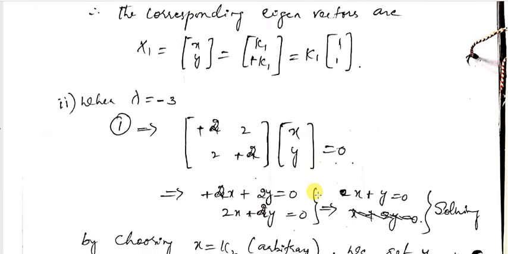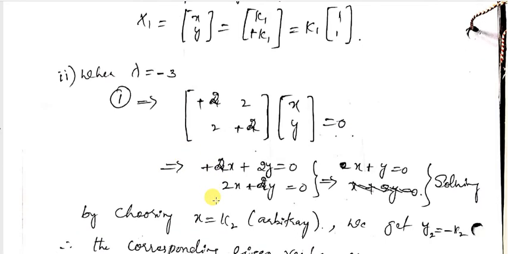Next let us find the eigenvector corresponding to lambda 2 is equal to minus 3. Substituting lambda 2 is equal to minus 3 in the matrix equation 1, we get the equivalent matrix as [2 2; 2 2] times [x; y], which is equal to 0. This gives the linear system of equations as 2x plus 2y is equal to 0, 2x plus 2y is equal to 0. These two equations yield a single equation as x plus y is equal to 0.